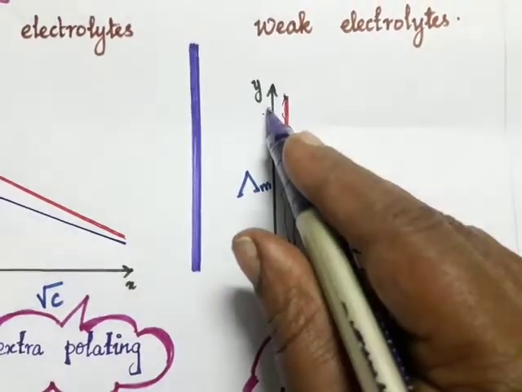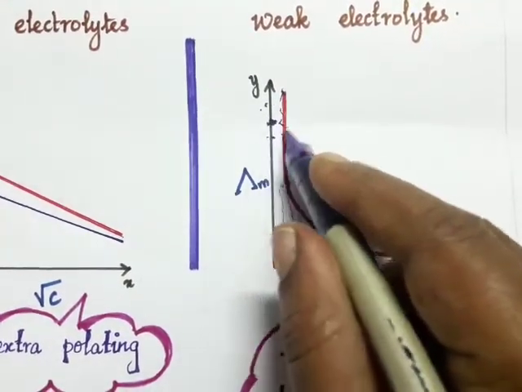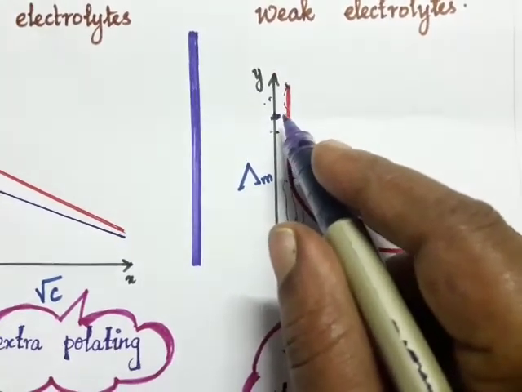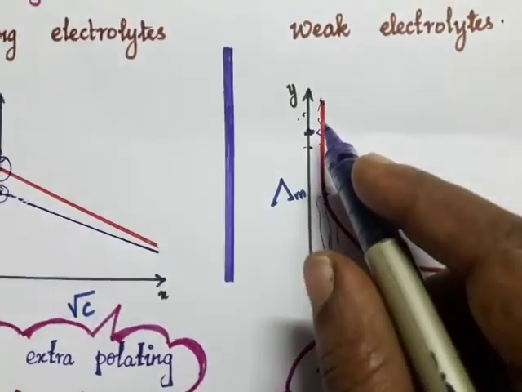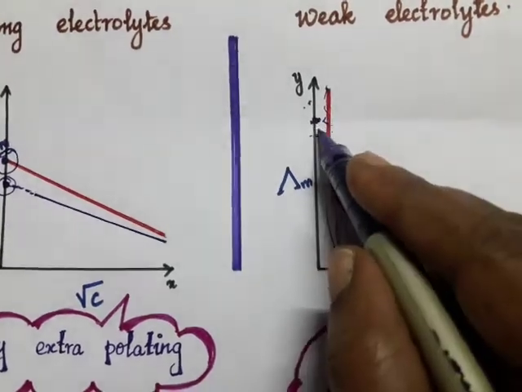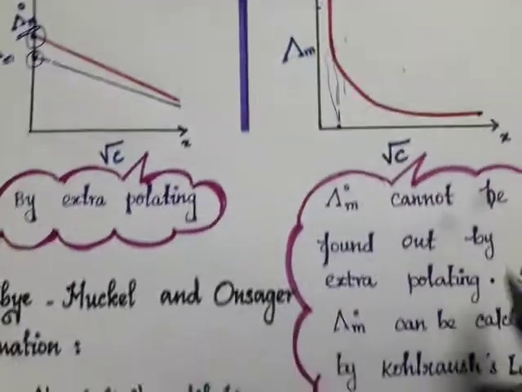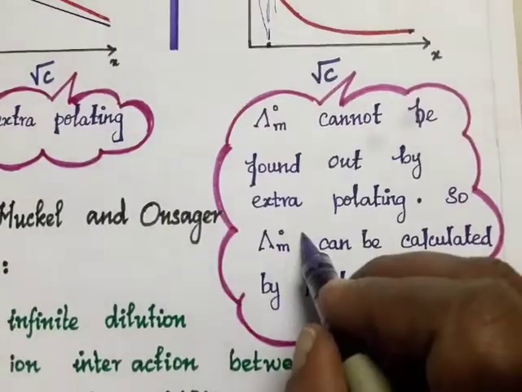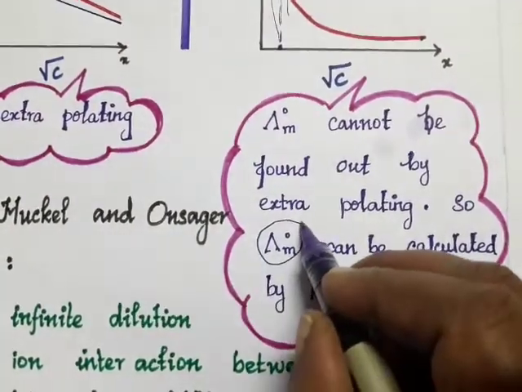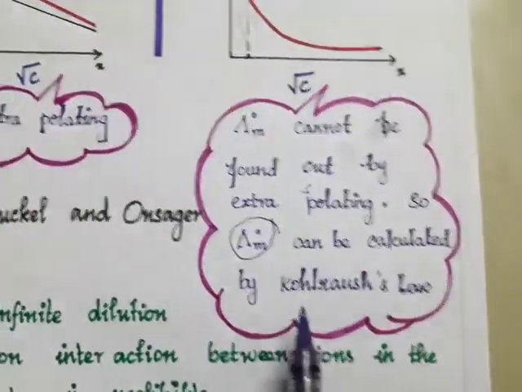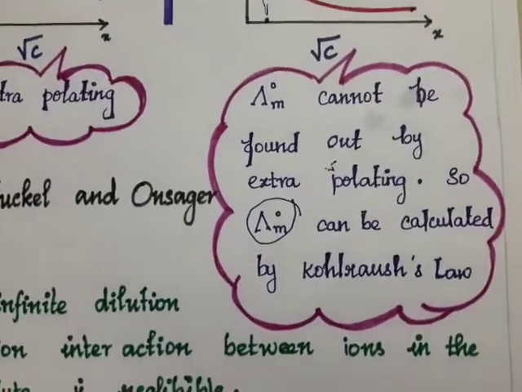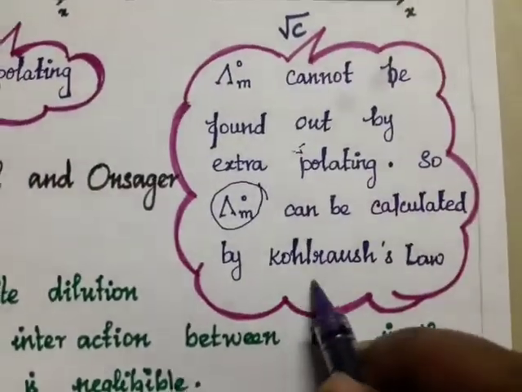When it meets the y-axis, we can find the y-intercept, which is the limiting molar conductance, but since it is parallel to the y-axis, it cannot meet. So we cannot find the lambda m naught value by using the graph. We have to find the lambda m naught value by using Kohlrausch law.